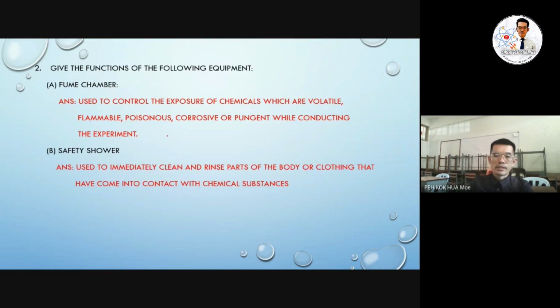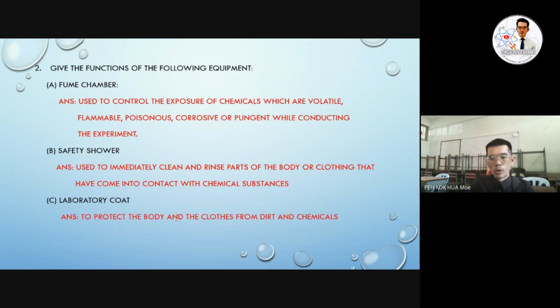Again, I take the answer from the previous discussion: it is used to immediately clean and rinse parts of the body or clothing that have come into contact with chemical substances. Next, the laboratory coat protects the body and clothes from dirt and chemicals. So this is the discussion for question number 2.